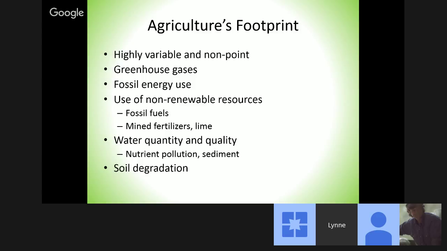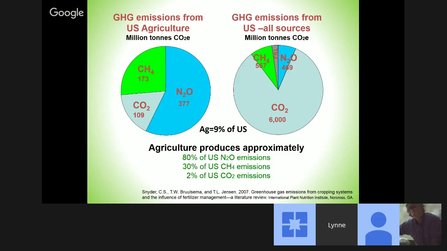So agriculture does have environmental footprints. I think we're all quite aware of the breadth of those, including production of greenhouse gases and use and pollution of water, soil degradation, what goes into all of those. And there are certainly some good studies out there that help to guide us, and some summaries of what's believed to be produced from agriculture.